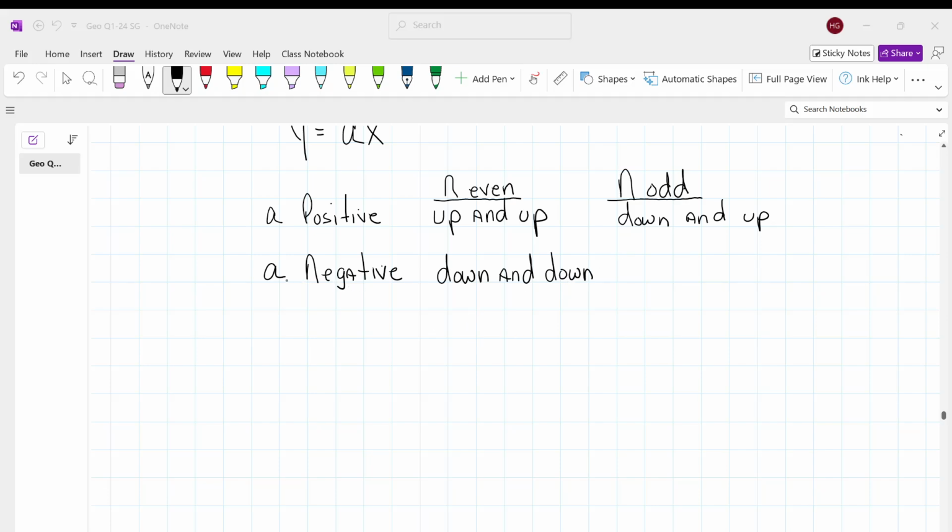And then finally, when our a is negative and our n is odd, we got up and down.